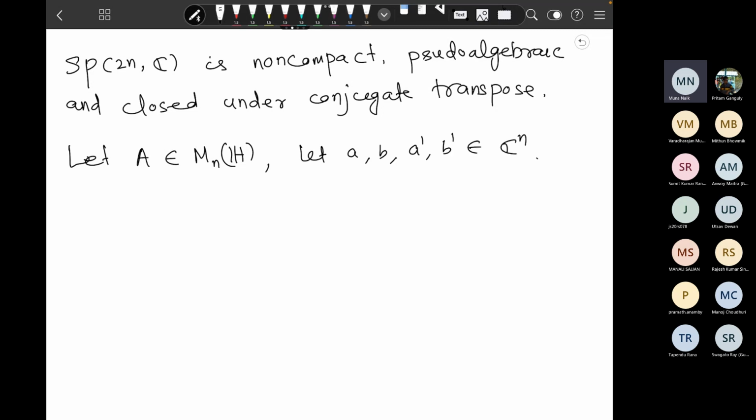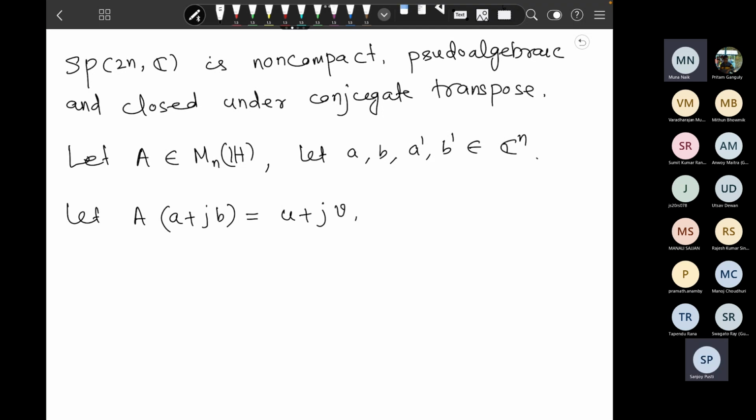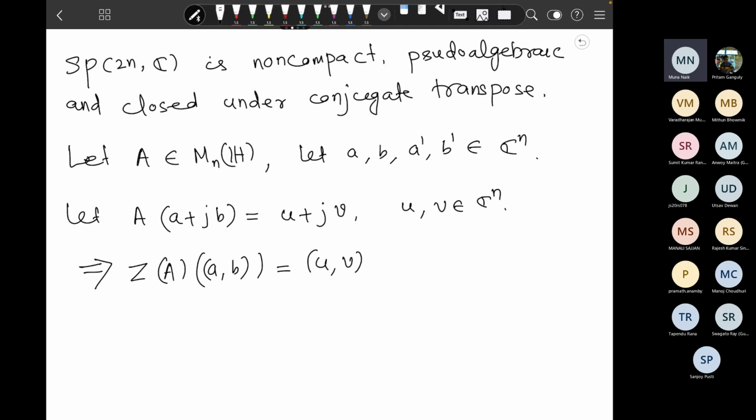Let A = A + JB, which is equal to, say, U + JB, with U, B belonging to C^n. We have seen that this implies Z_A(A, B) is equal to (U, B). And this Z is the embedding from M_n(H) to M_{2n}(C).